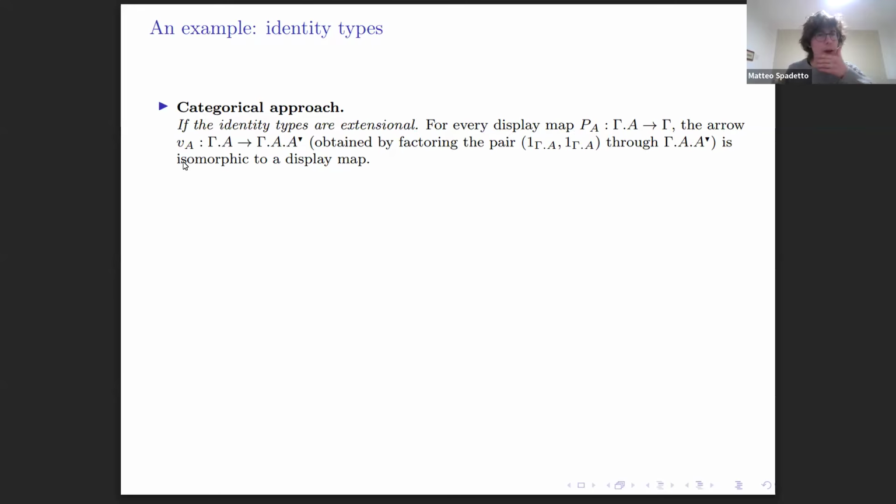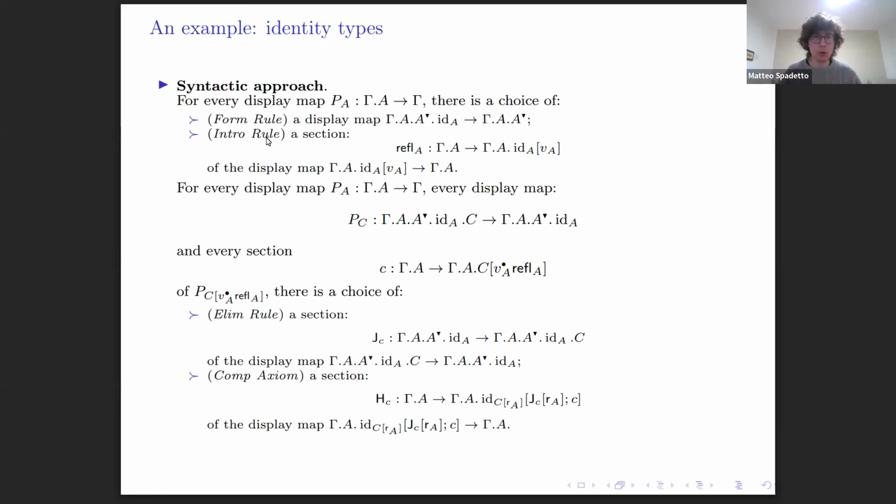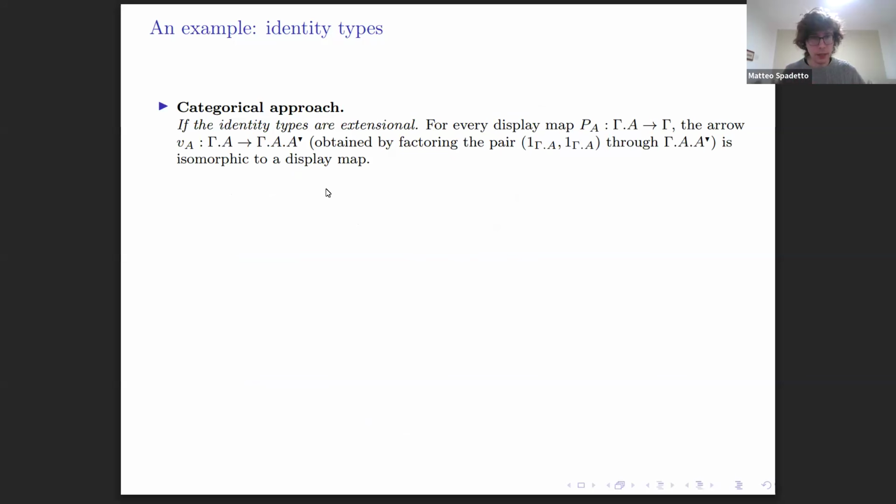So if you have a choice, actually, you also have a choice of this isomorphism, then you are able to recover such choice functions validating the inference rules. So it is a more compact characterization of these choice functions.